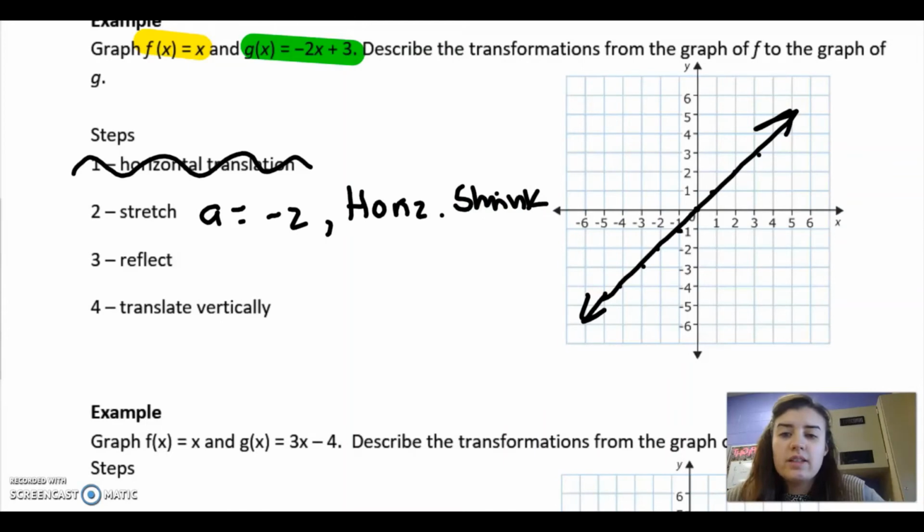And now we're going to ask the reflection, is it negative? Is our a negative? And it is in fact negative. It is negative 2, so we can expect that to reflect.